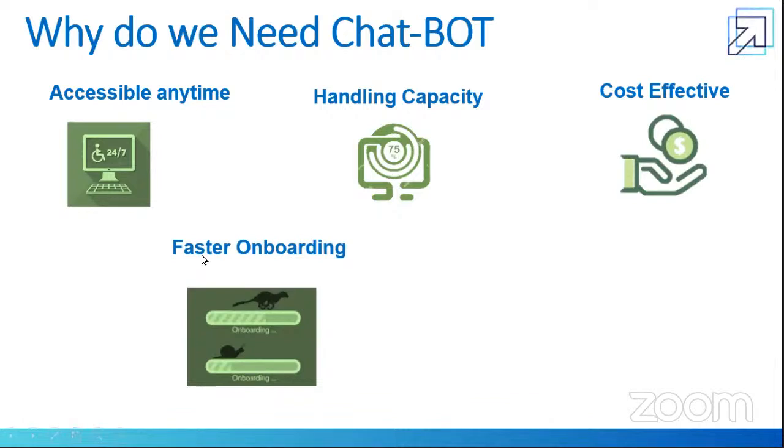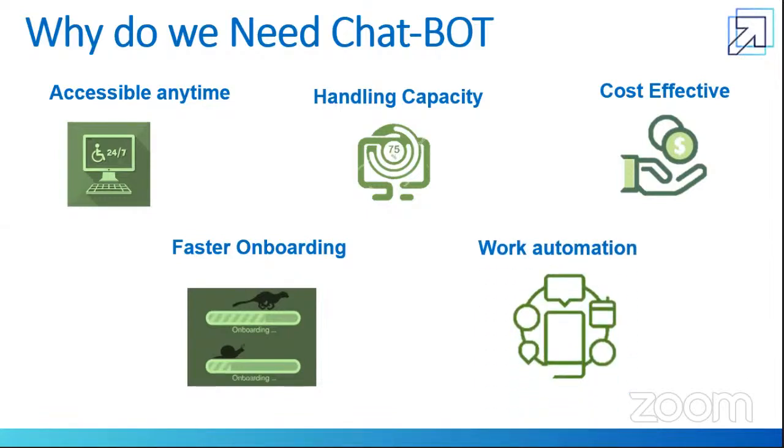faster onboarding. So if you want to recruit an employee for some sort of operations, the training time and the learning time of that person will be time consuming, right? But if you put a chatbot on it, immediately you can onboard the chatbot on your business.